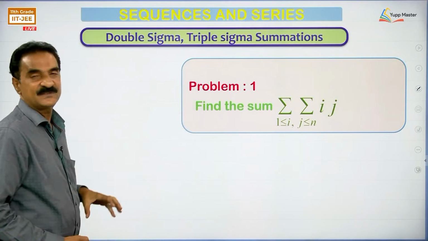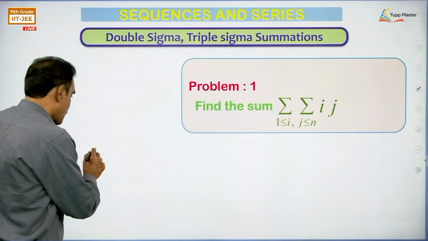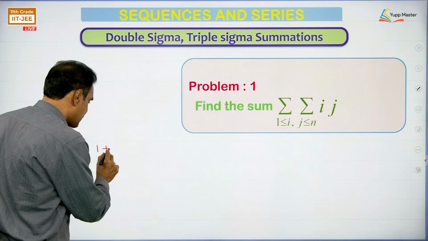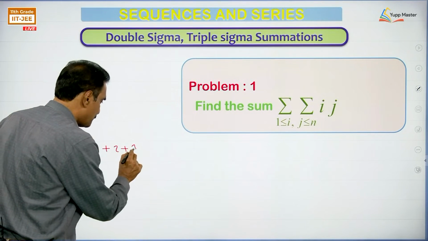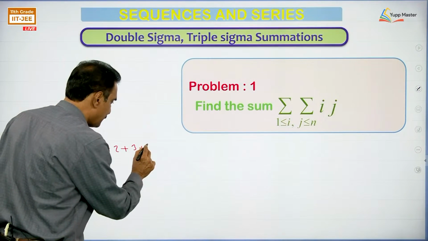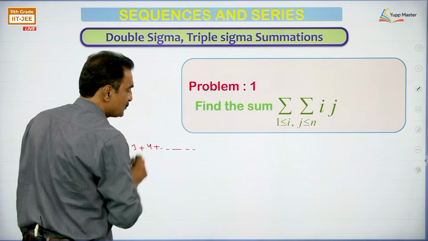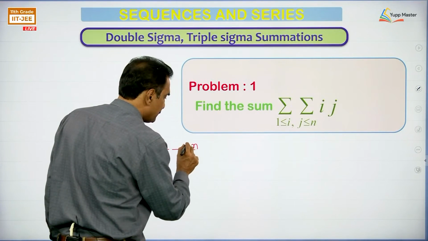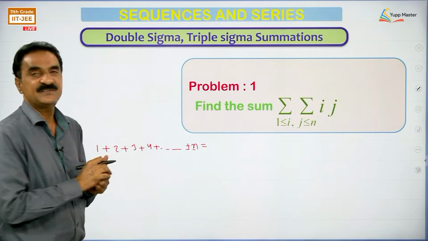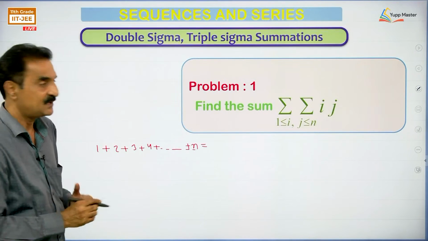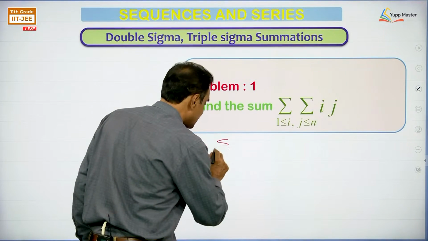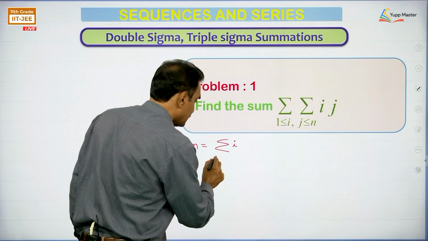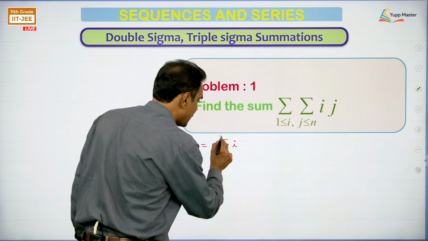First, before this, consider a sum 1 plus 2 plus 3 plus 4 plus and so on till n. How can you put this in sigma notation? You can write it as sigma of i, where i varies from 1 to n, correct?